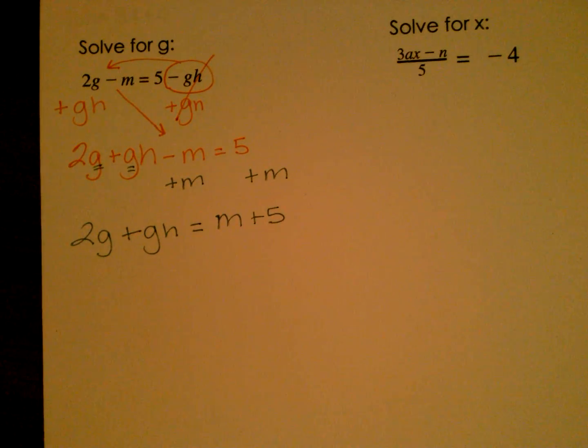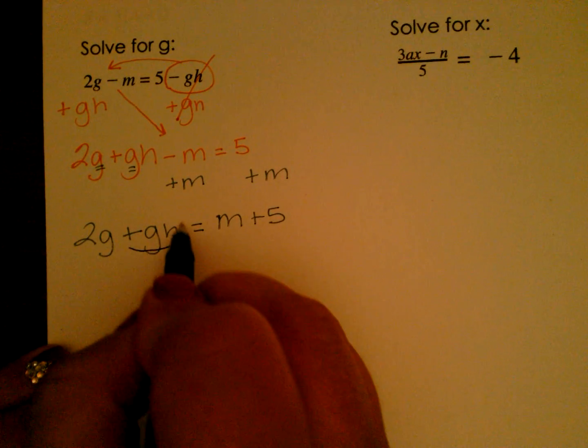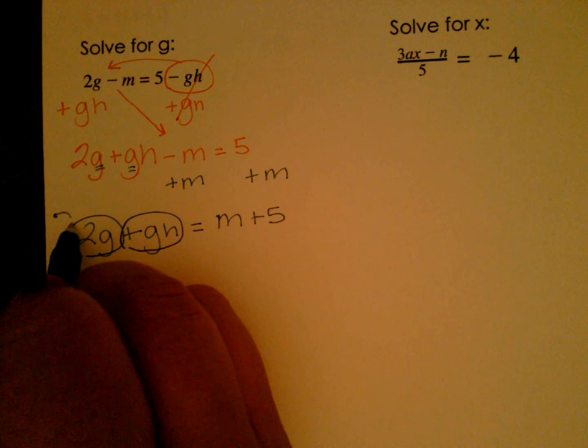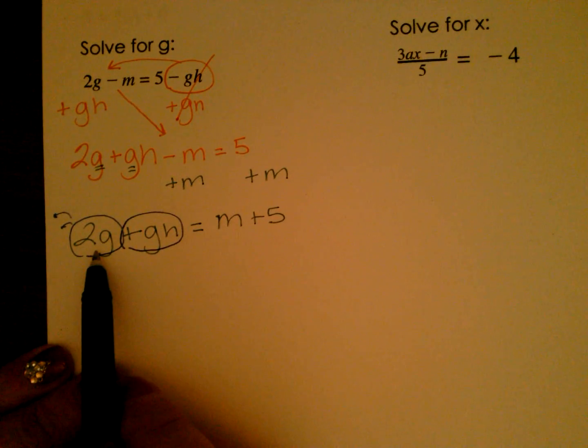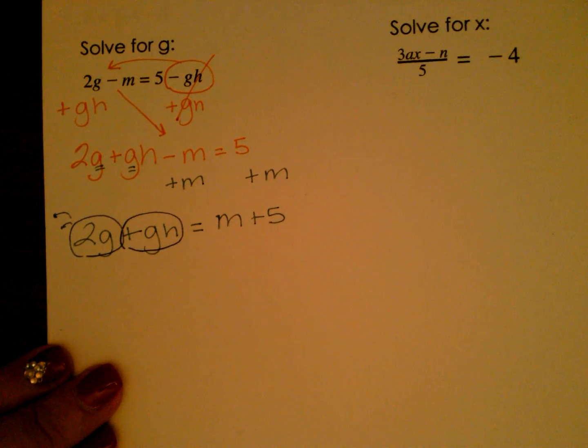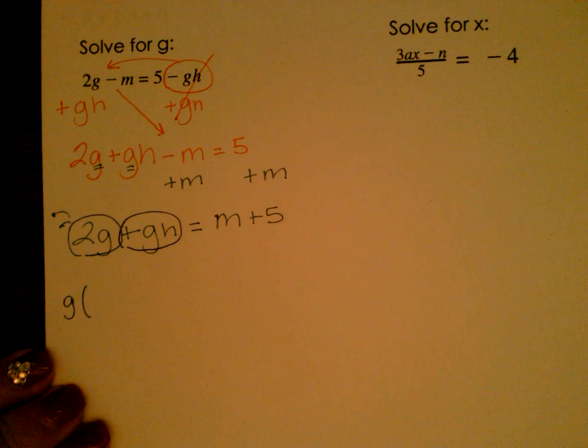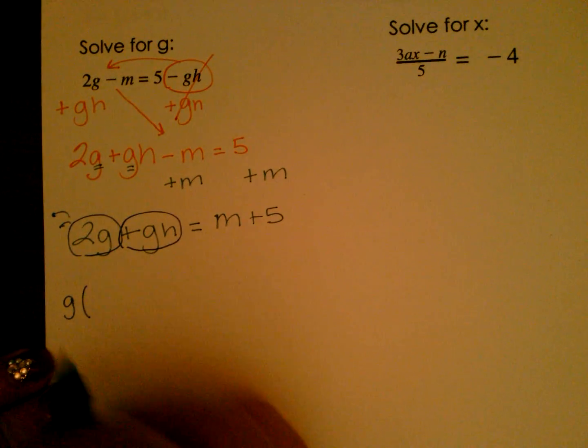Okay, I'm looking at the terms. Remember, terms are the things I would put in the caterpillar bubbles. Here is a G, there's a G. They each have G's, so I'm going to pull it out. I'm going to distribute backwards.